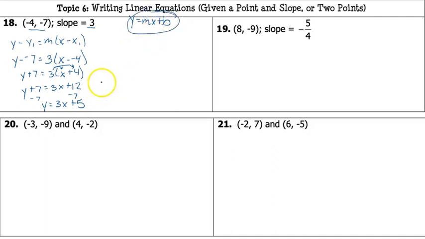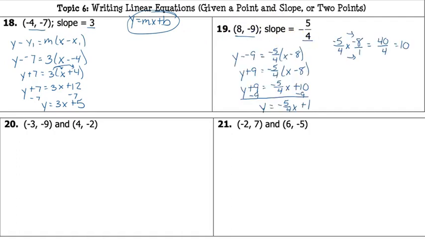So using what we just did, using the formula y minus y1 equals m times x minus x1, I want you to look at number 19. So you're going to pause the video and try it out. Remember, here's your point. Here's your m. All right, so looking here, our final y equals mx plus b down here at the bottom says y equals negative 5/4 or 5 over 4x plus 1.